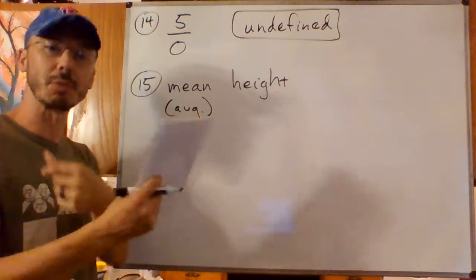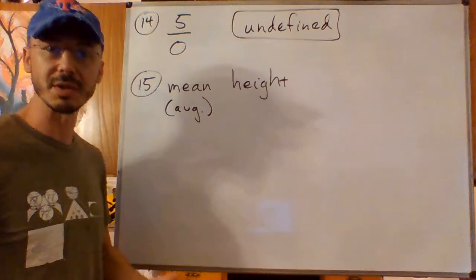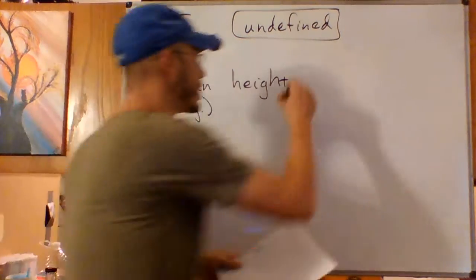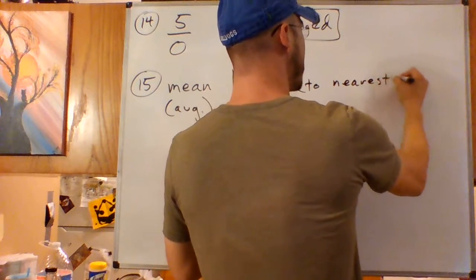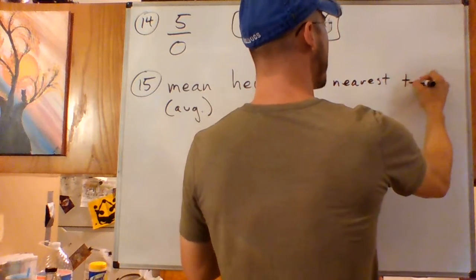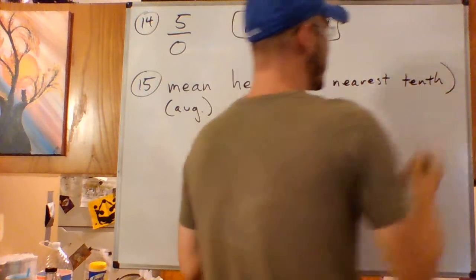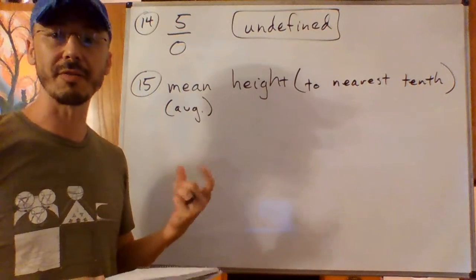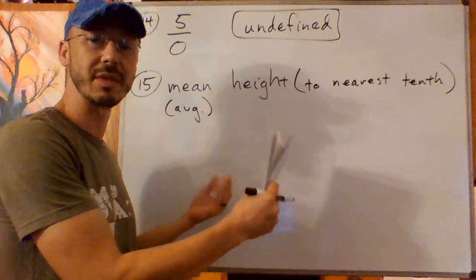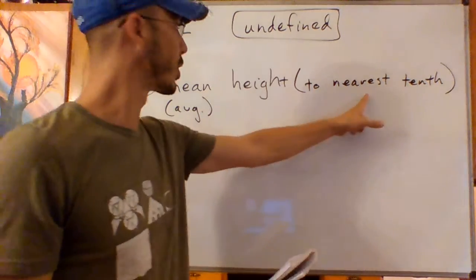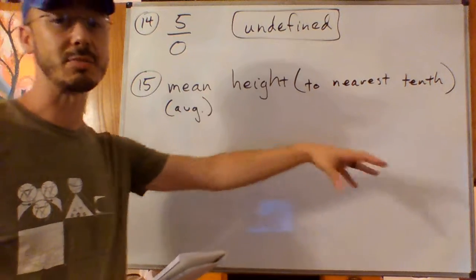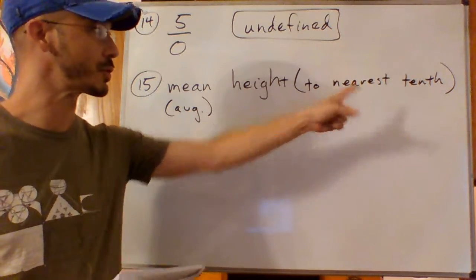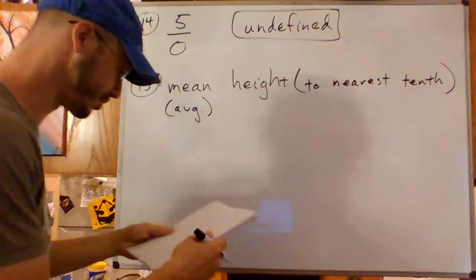So you add the numbers together and divide by the number of numbers, to the nearest 10th. So the 10ths place is the first decimal place to the right of the decimal point. We're going to get a result that's got a lot of decimal places, but we're going to round it to that first decimal place.